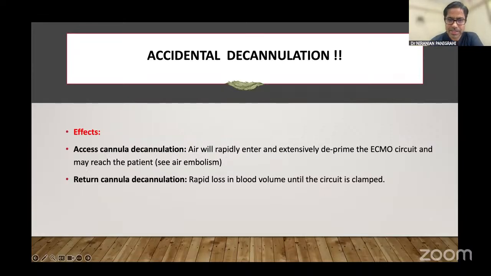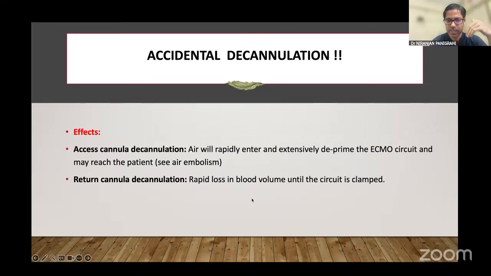Next, another devastating complication is accidental decannulation. Again, it depends which cannula it is, whether it has come out or is about to come out. You are still lucky if you detected the cannula halfway, but again, it's going to be a mess if the cannula is already outside. Suppose the access cannula is out, it will suck enough air, which will definitely bypass the de-airing mechanism, and it can cause sudden pulmonary air embolism and death.